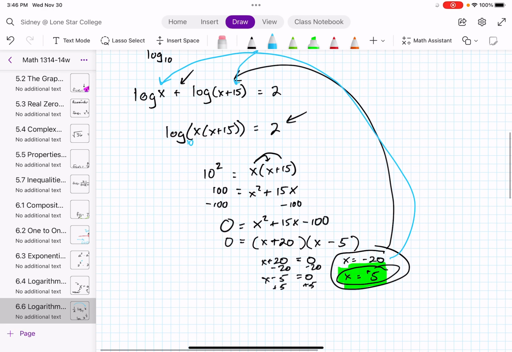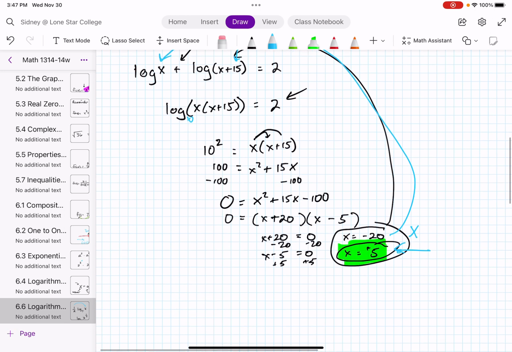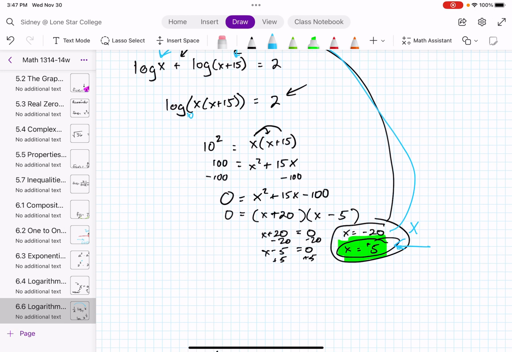And similarly here, x equals negative 20 is not in the domain of the function. You can't take the log of a negative number, but this right here does work just fine. So be aware of domain issues, but the bulk of this work is using all those log properties from 6.4 and 6.5.